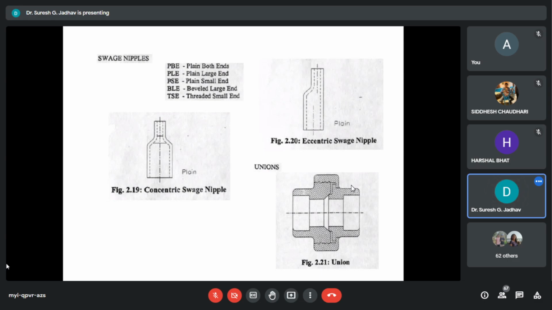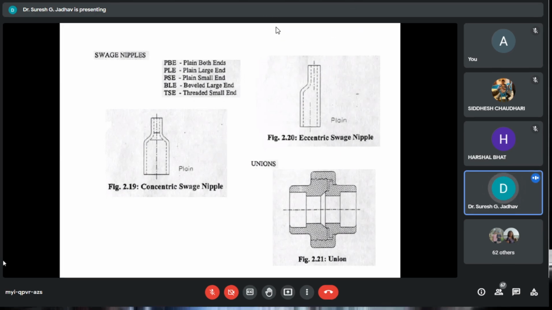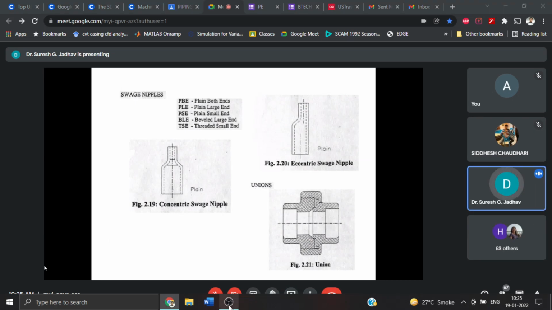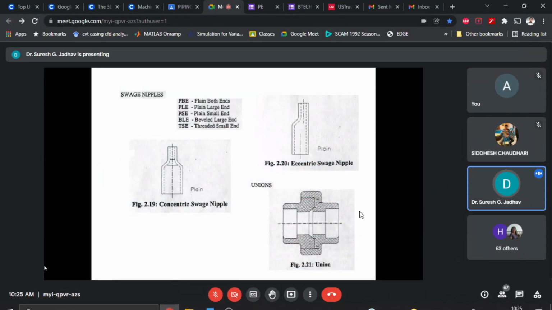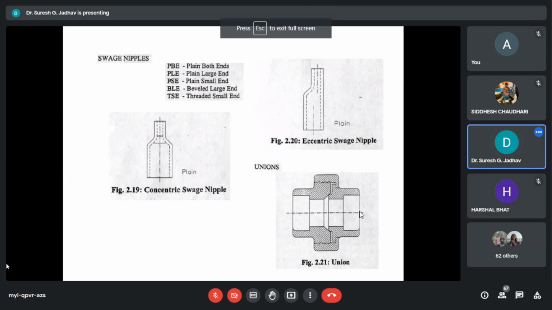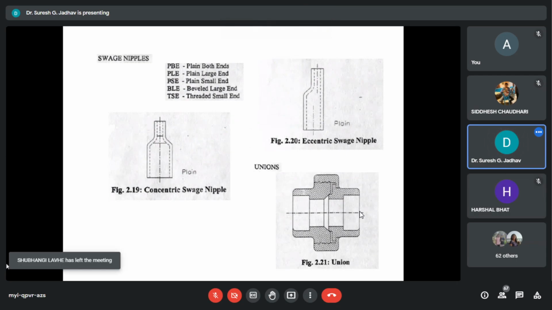With the help of swage nipples, we have to maintain the outside surface for such systems. Based on their abbreviations, like PBE, plain both ends; PLE, plain large end; PSE, plain small end; BLE, braided large end; and TSE, threaded small end.